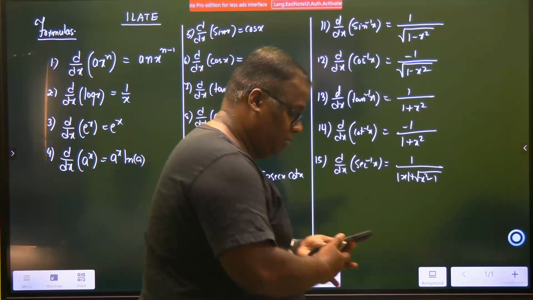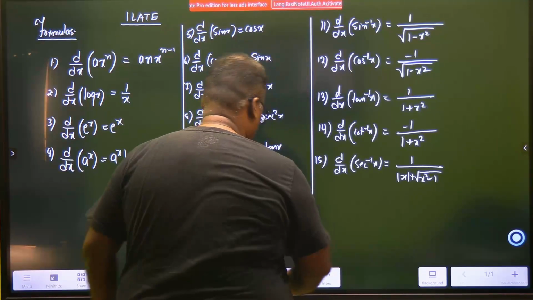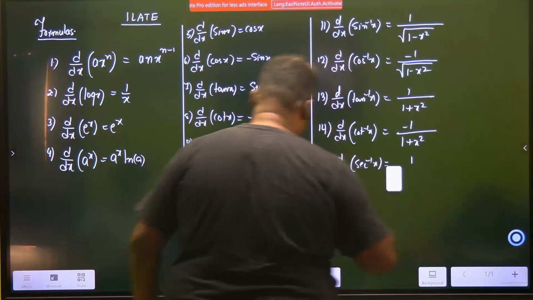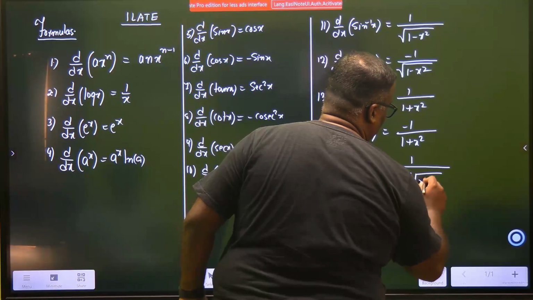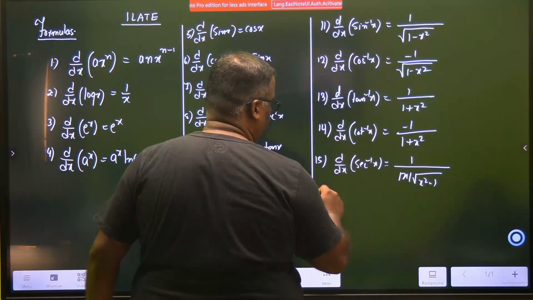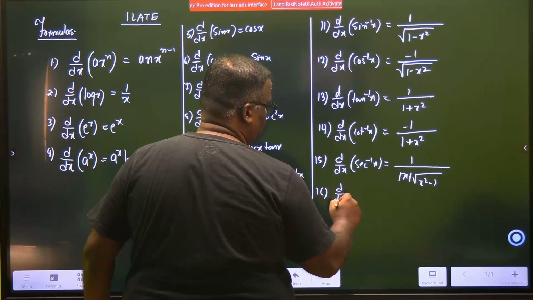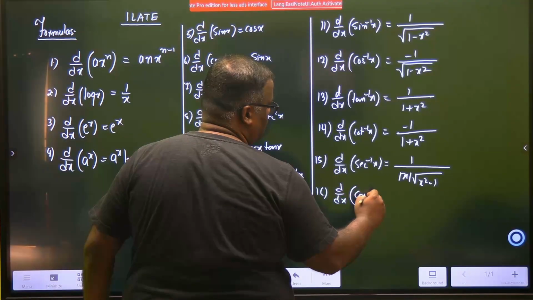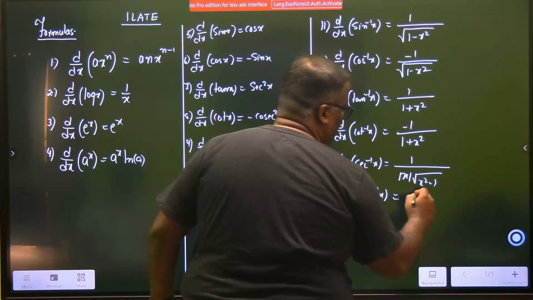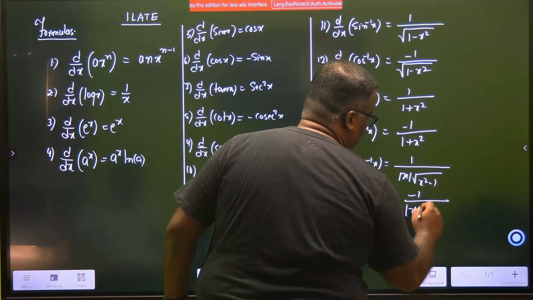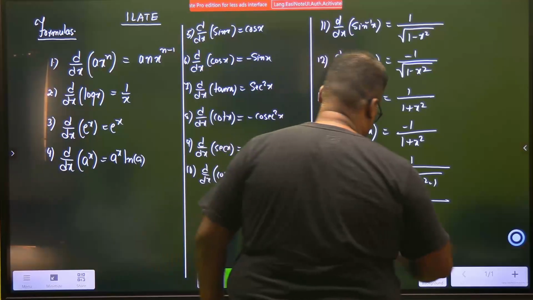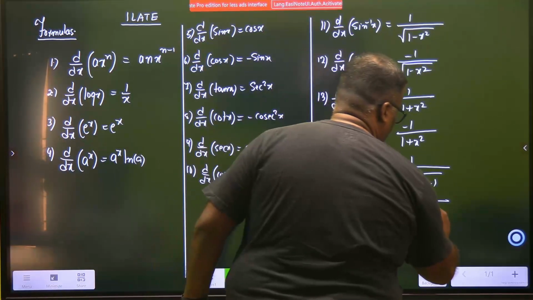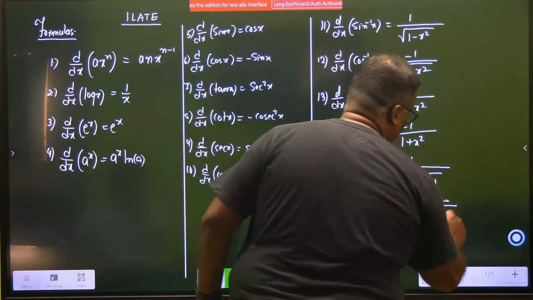See, there I made a mistake. I was having that doubt. It is not x square plus 1, it is x square minus 1. So mod x into root x square minus 1. And 16, d/dx of cosec inverse x is negative 1 by mod x root x square minus 1.